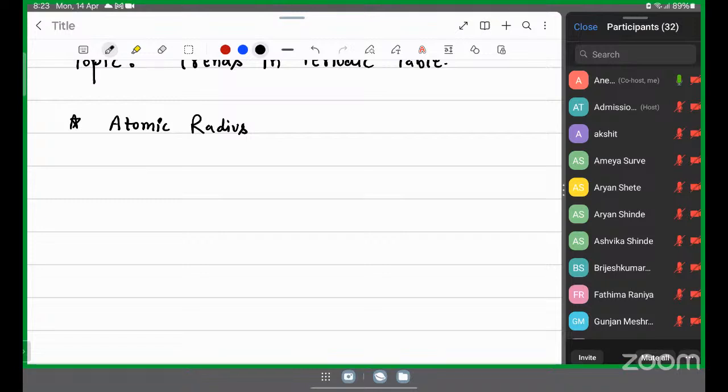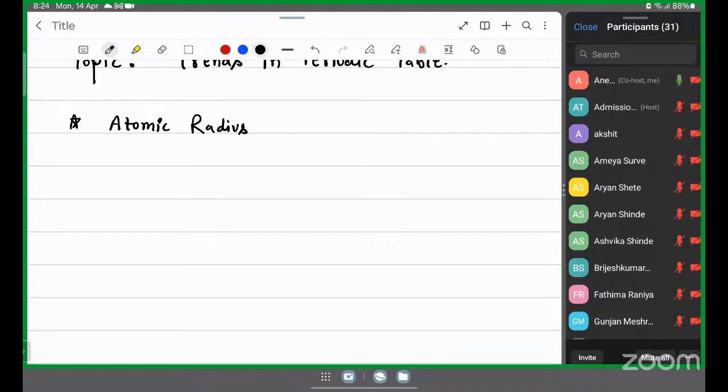Atomic radius may be defined in different way for different chemicals. For example, in case of metals, atomic radius will become metallic radius. In case of gases, it will become covalent radius. And in bonded atoms, again we call it as covalent radius. So it may be in any form, but the basic concept is atomic radius is the distance between the center of the nucleus to the outermost cell of the atom.